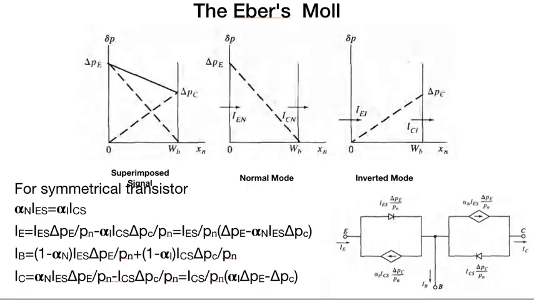The Ebers-Moll model is one kind of representation of a BJT. It is again dependent on the charge carrier representations.